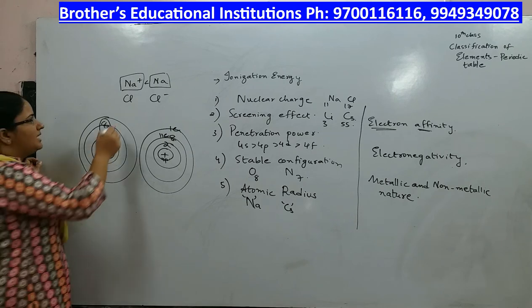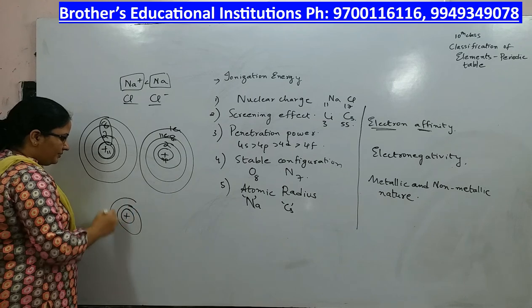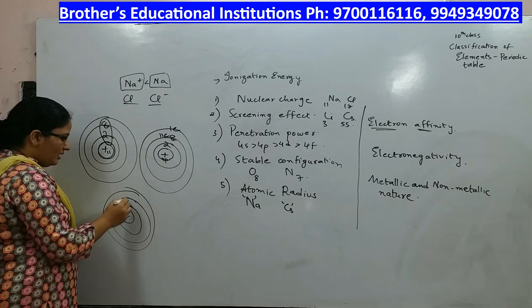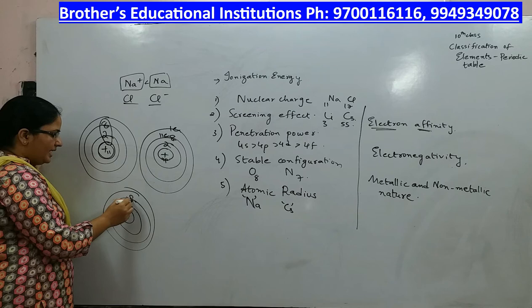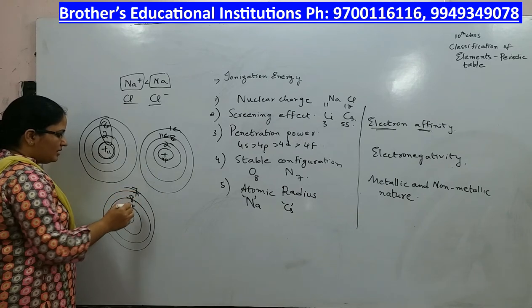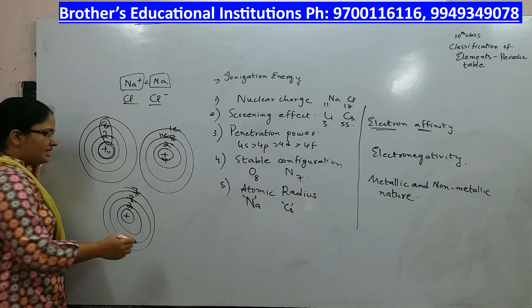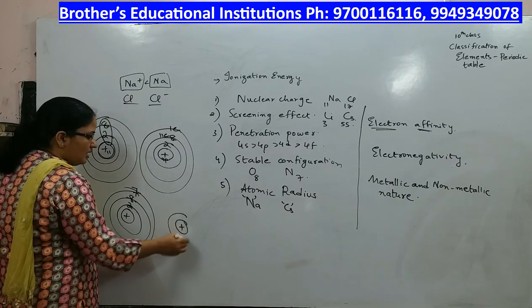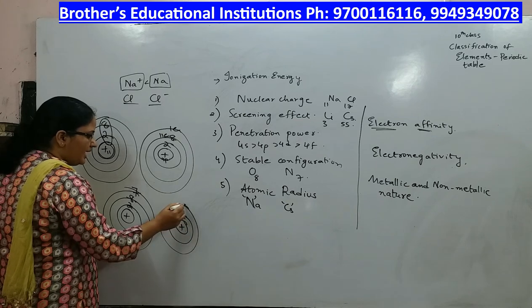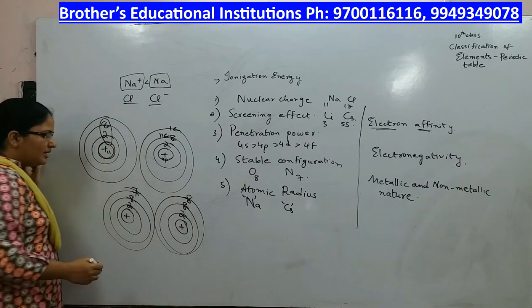Similarly, if we take Cl and Cl minus, chlorine has got 2 electrons in the first orbit, 8 electrons in the second orbit and 7 electrons in the third orbit. Now, if you take Cl minus, it has 2 electrons in the first orbit, 8 electrons in the second orbit, another 8 electrons in the third orbit.